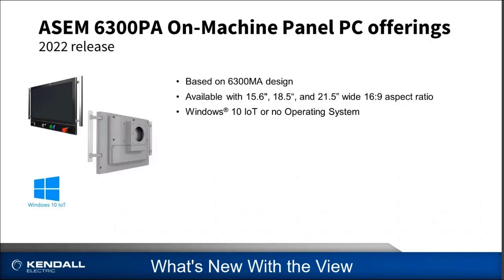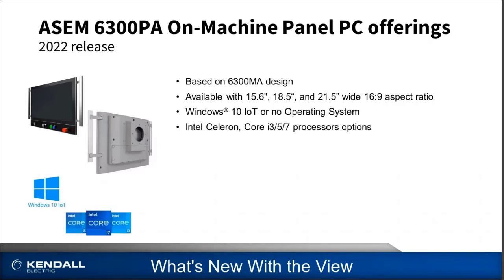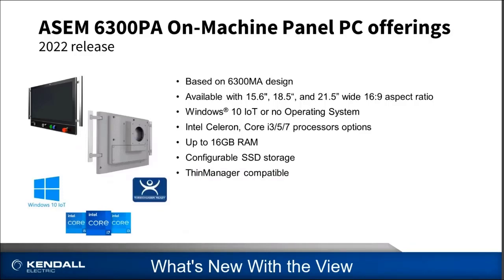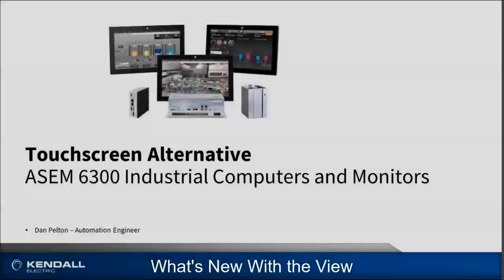For processors, these come with Intel Celeron or Core i3, i5, and i7 processors. RAM can be up to 16 gigabytes with a configurable solid-state drive, and of course, ThinManager compatibility.